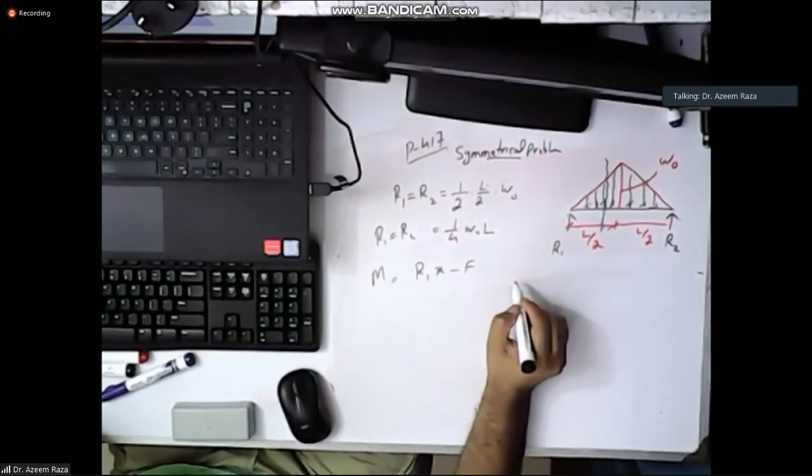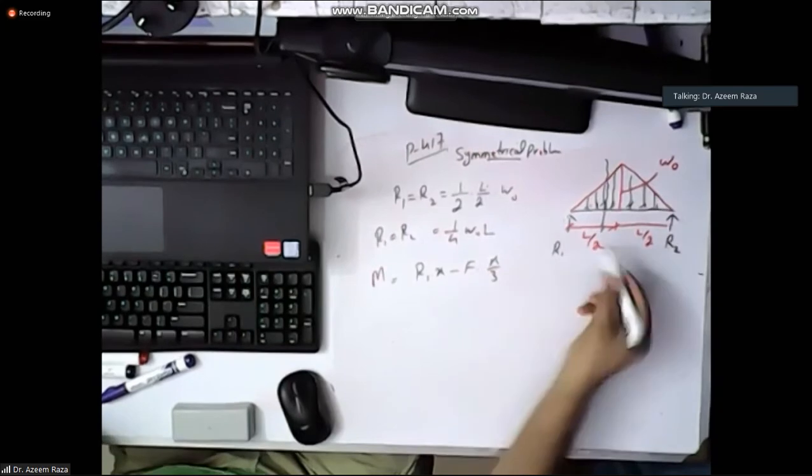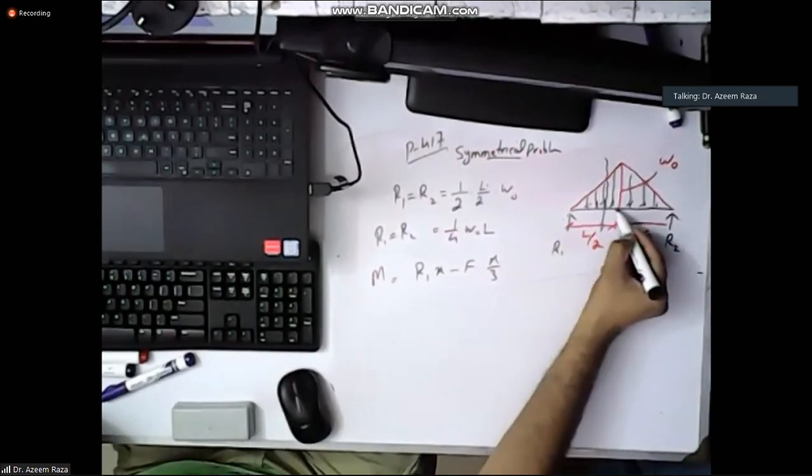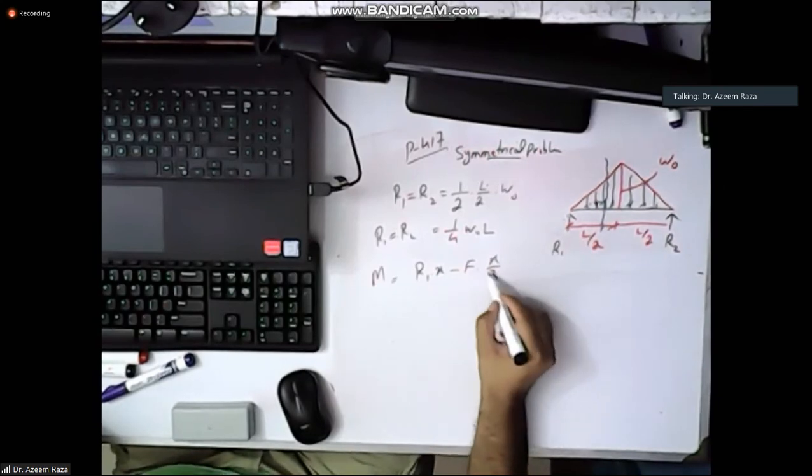How much is the distance? X over 3, 1/3 of the X, because this distance is X, so whatever the distance we take, that's 1/3 of the X.